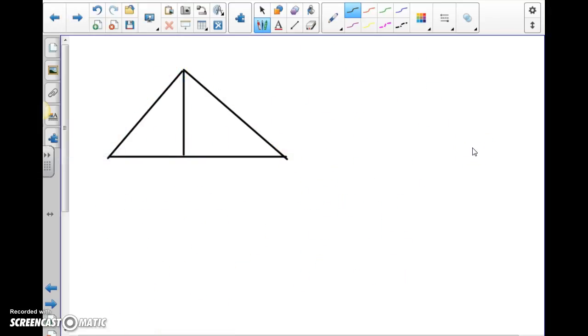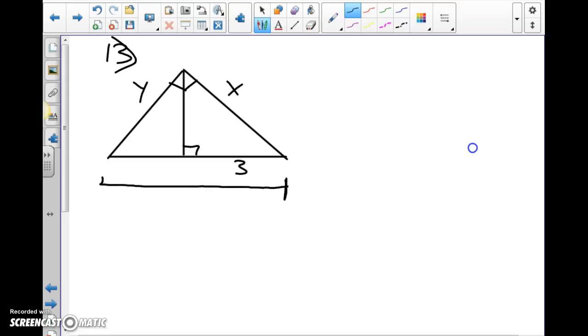Okay. I'm going to be looking at number 12 on your homework. Let's see, sorry, not number 12. I'm going to be looking at number 13. Now looking at this one, remember if I'm using altitude, one of my variables needs to be sitting here.